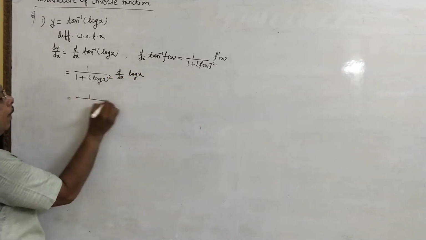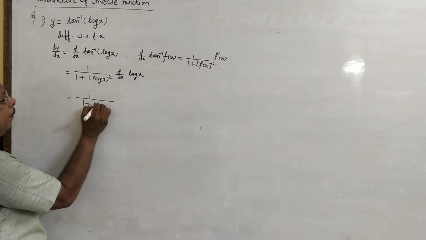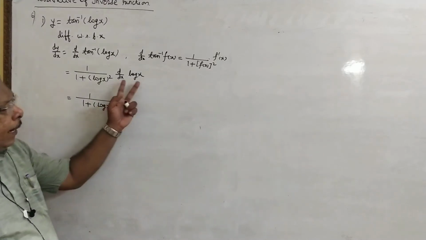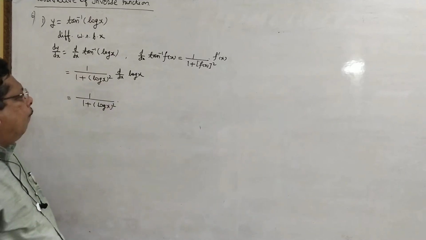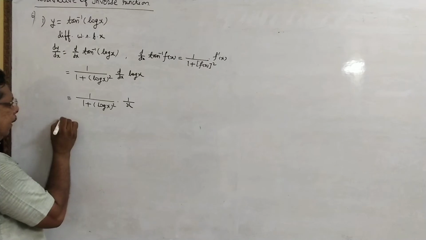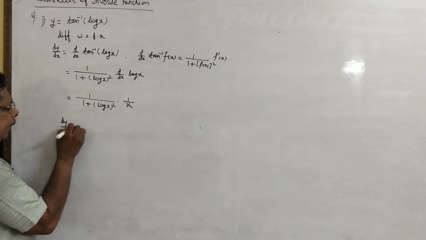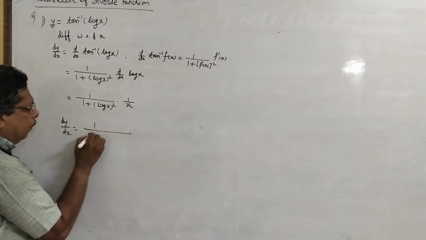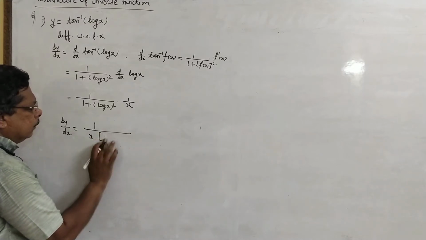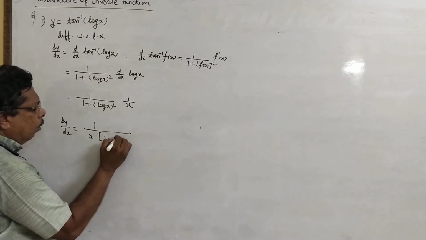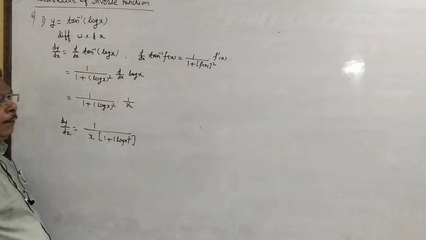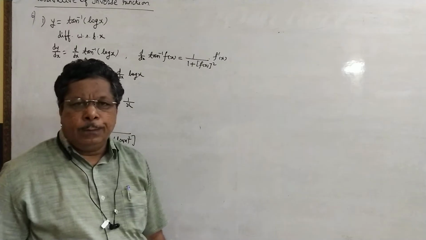This is the standard function. Derivative of log x is 1 upon x. Therefore, required dy by dx is equal to 1 upon x into 1 plus log x square, which is the required dy by dx.